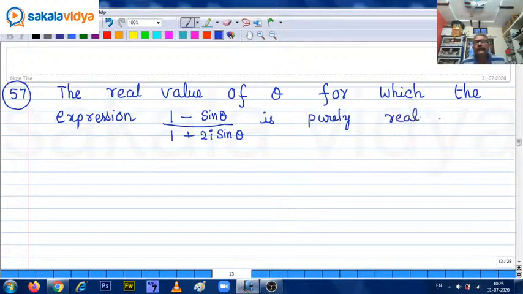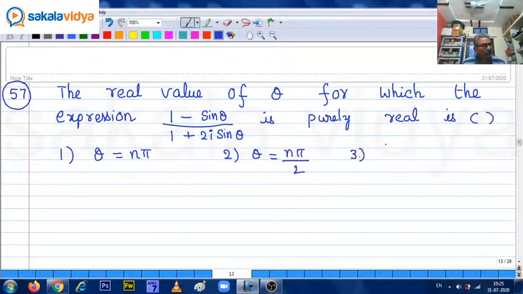First option, theta is equal to n pi. Second option, theta equals n pi by 2. Third option, theta equals n pi by 3. Fourth is none.